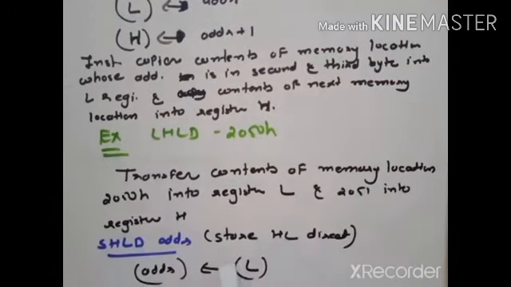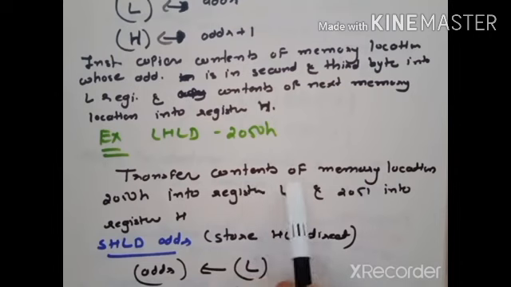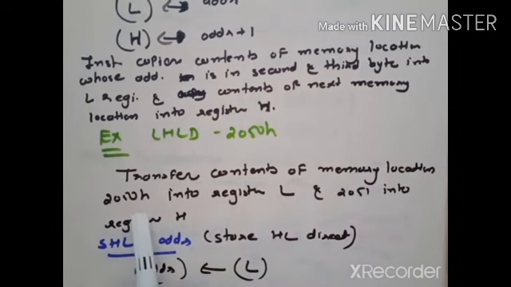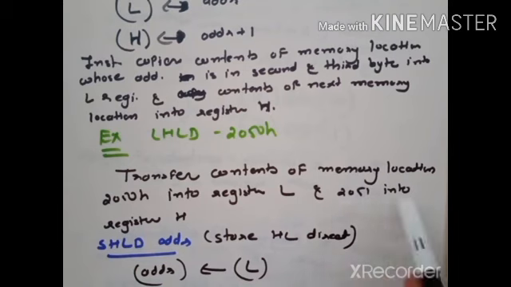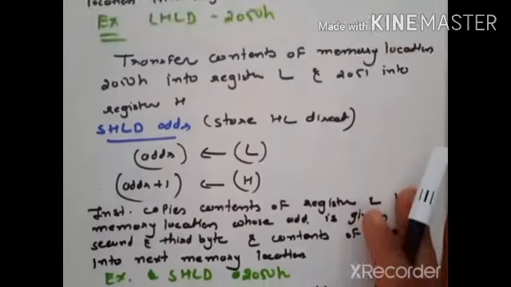This instruction transfers the content of memory location 2050 into register L and the content of 2051 into register H.